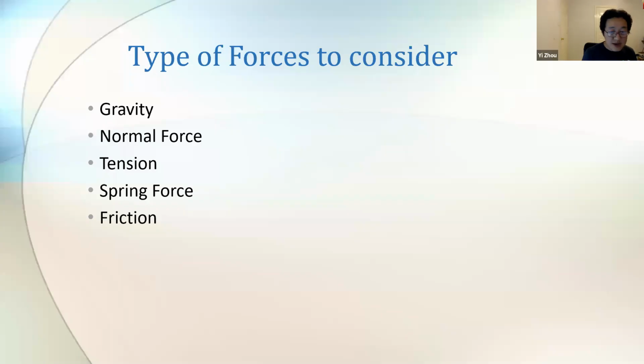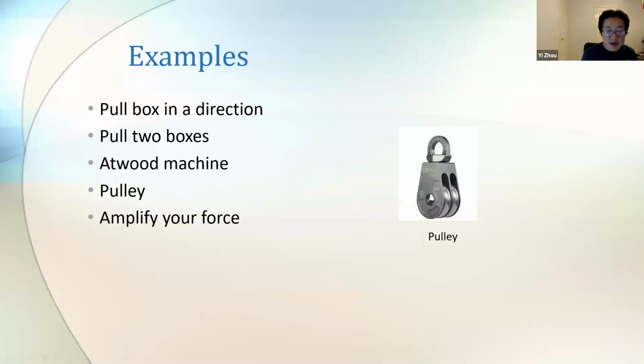So it looks like I'm running out of time, but let me see. We already talked about the example of pulling a box, pulling a toolbox, a pulley. If you don't know what the pulley is, this is the pulley. The pulley is a wheel, you can pull a string across it.